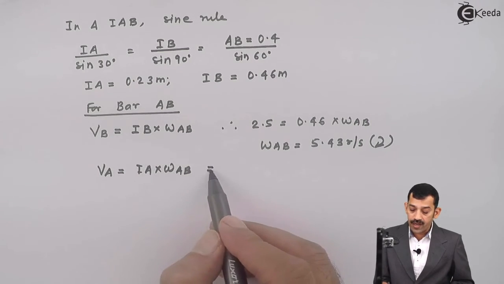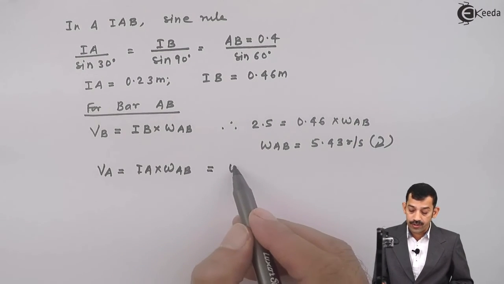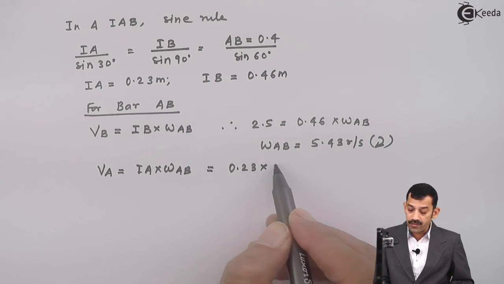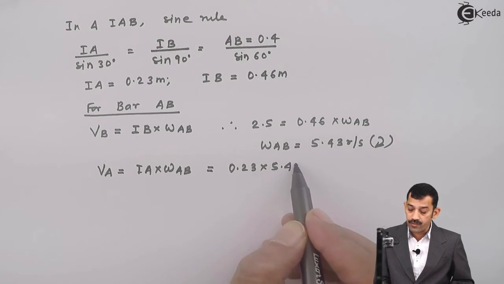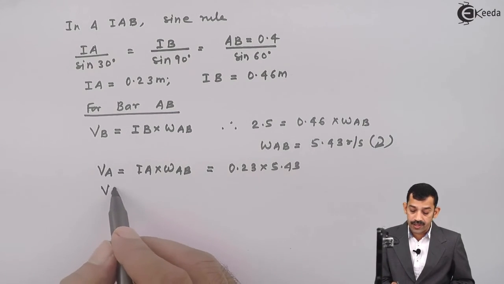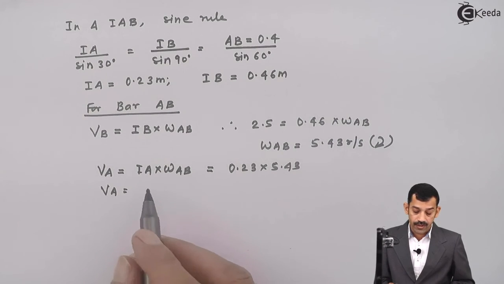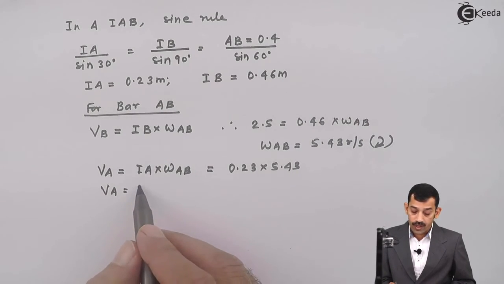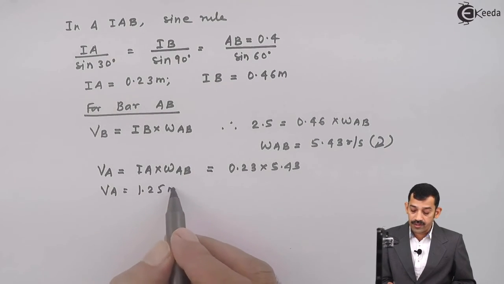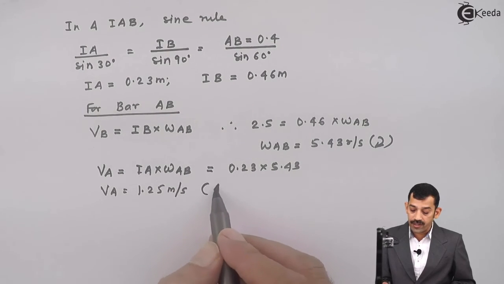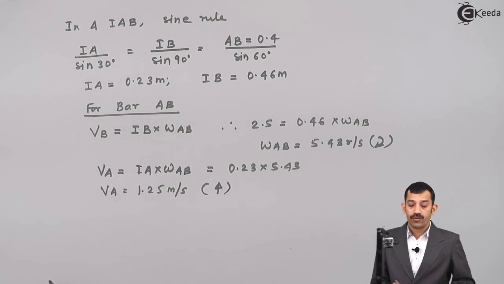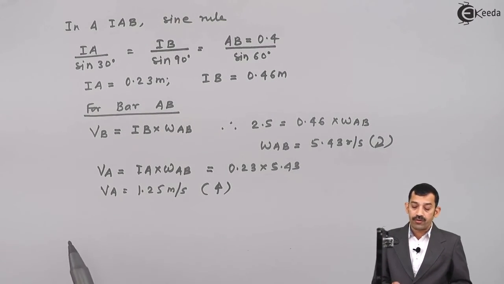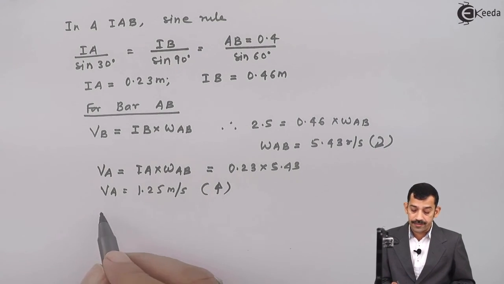IA is 0.23 and omega AB is 5.43. That means VA comes out to be 1.25 meters per second, and the direction of this linear velocity is upward. So using V equal to R omega for AB, we get omega AB and VA.